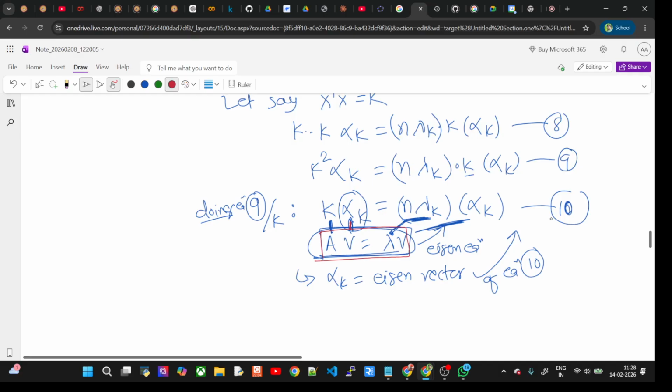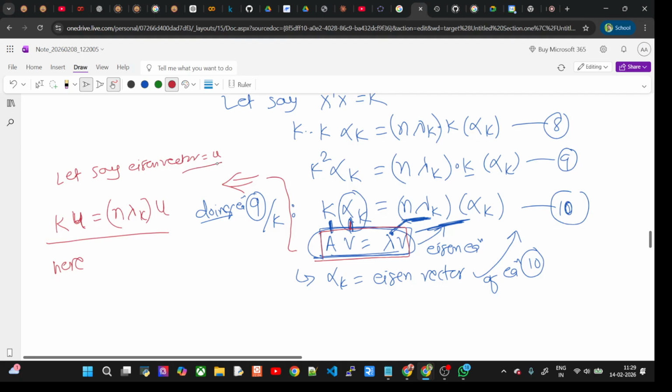No, you cannot take any. But let's see, one of the eigenvectors is u, K u equal to n lambda k into u. Let's say you have eigenvector equal to u. I'm just showing this equation now. What happened? K u equal to n lambda k into u. That's fantastic, because you satisfy equation number 10 here.